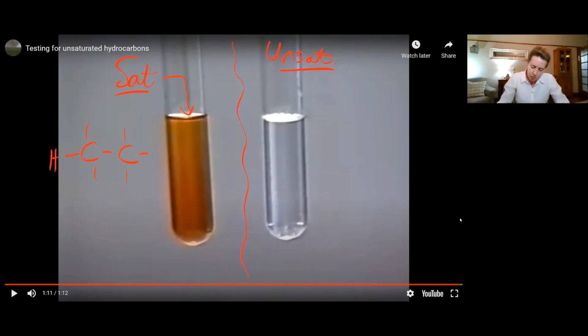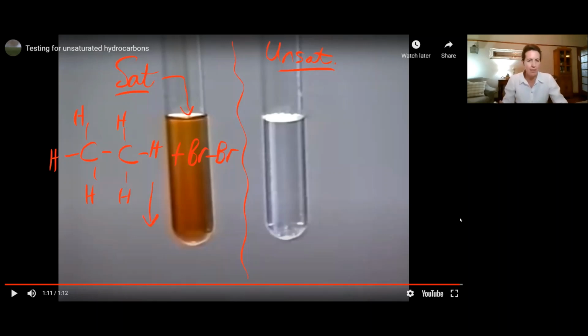Of course, it will have 3 hydrogens on this carbon and 3 hydrogens on that carbon. I add bromine water to it, which is diatomic, so it will have 2 bromine atoms bonded together, and then it will react over a very, very long time.